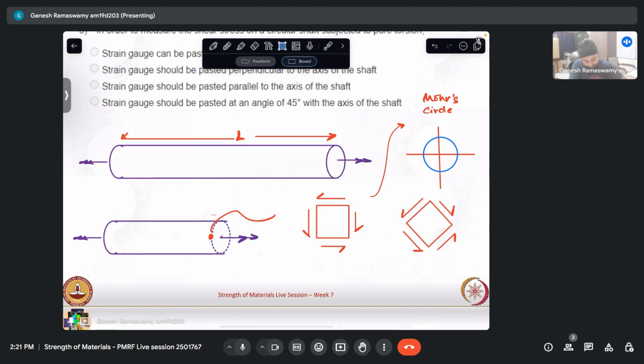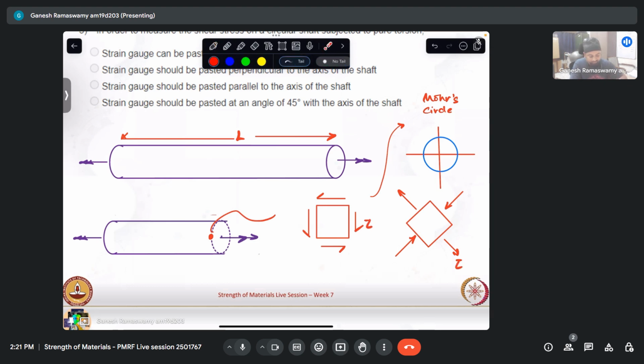So on this plane, there will be no shear stress, but there will be a tension, or rather the tension would be this way, and compression. If this is tau, this will also be tau.